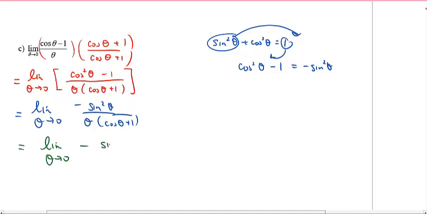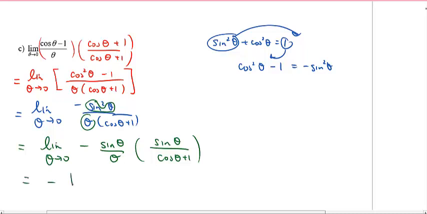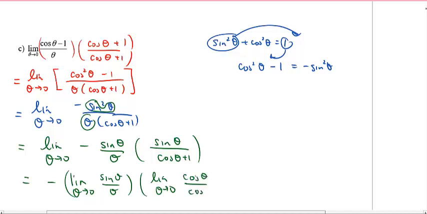How about sine theta over theta? Taking one of these and that. I know I still have another sine theta on the top. What I do know now is that I can take out the negative. I can then apply the limit to the two things separately and calculate them to find the answer to this question.